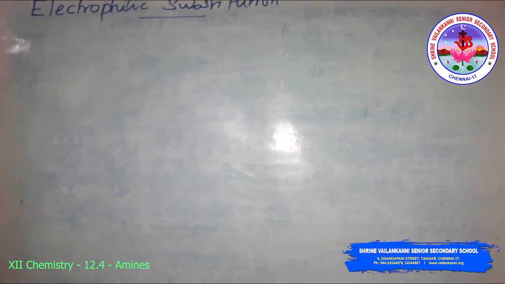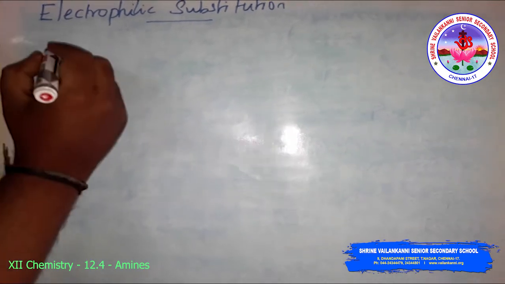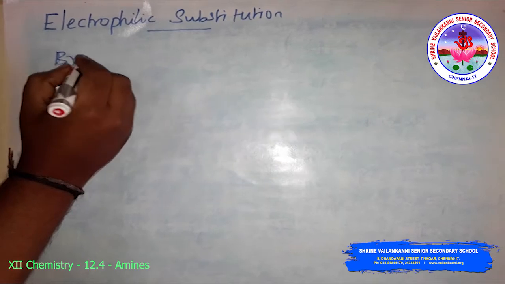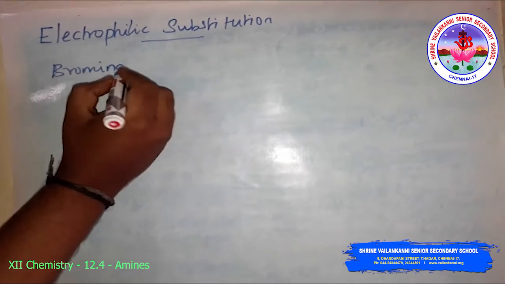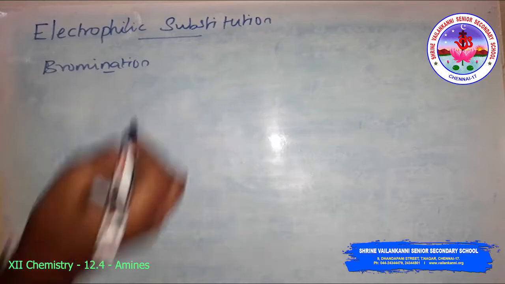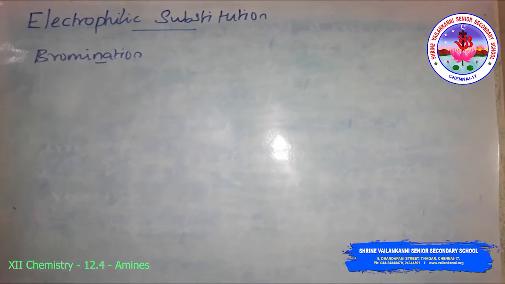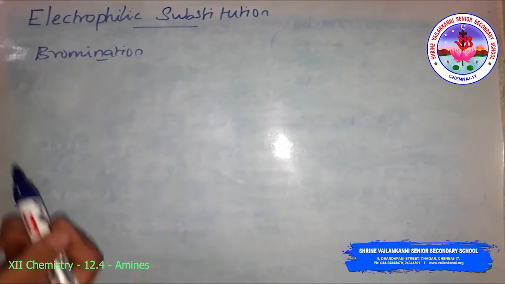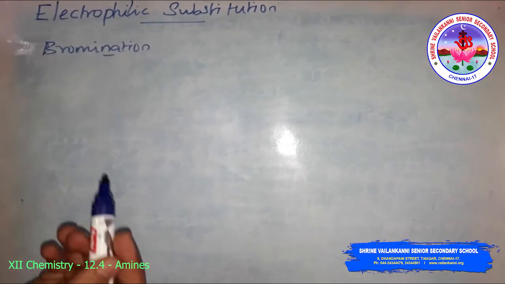So first, the bromination reaction. Aniline reacts with bromine water at room temperature to give a white precipitate, that is 2,4,6-tribromoaniline.